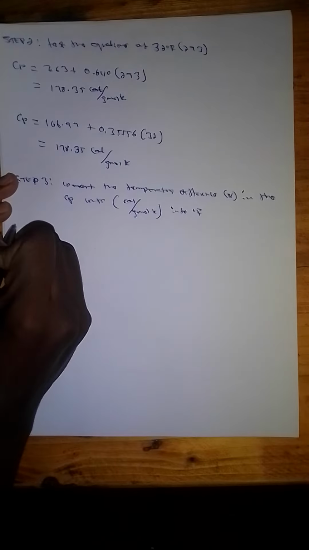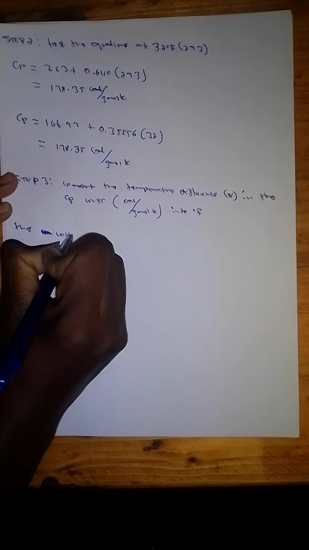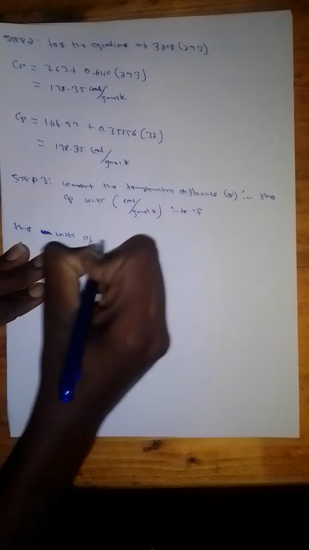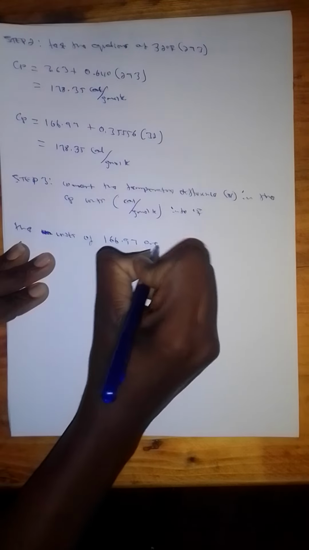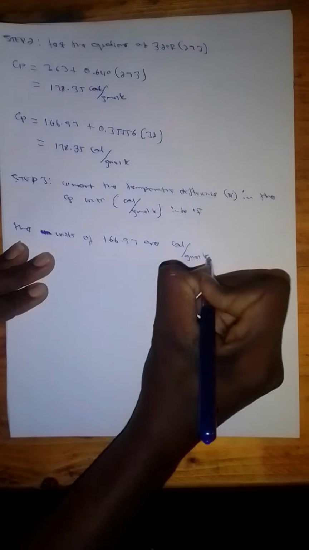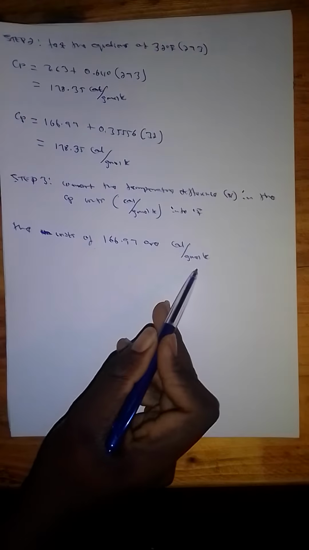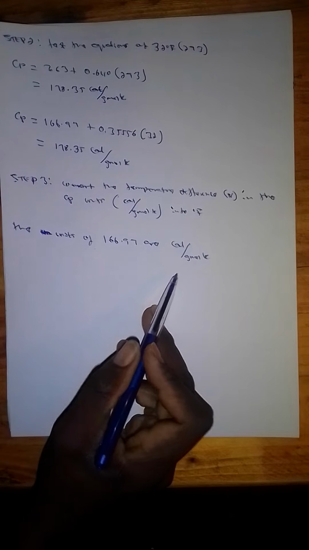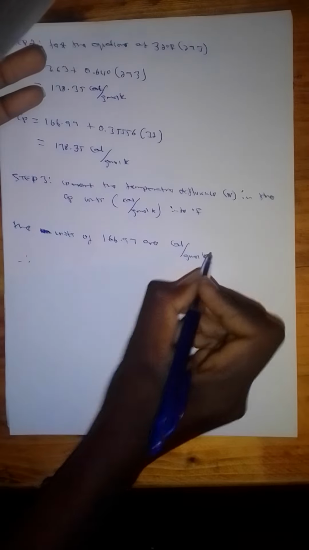Now we know that the units of 166.97 are calorie per gram mole Kelvin. So the units of this constant are actually calorie per gram mole Kelvin. I guess it's much easier. So if we're going to be converting, we need to convert this one to degrees Fahrenheit.